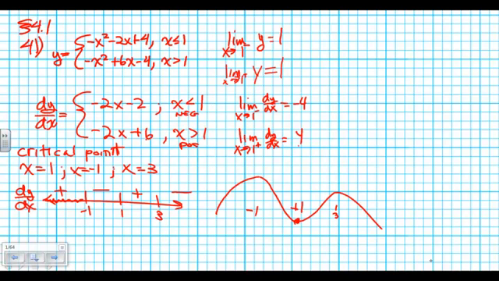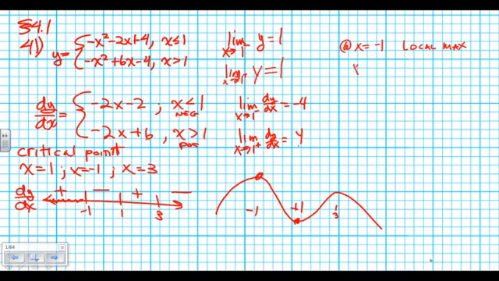All right, so what do we know? What do we think is going on there? Oh, I remember that from last year. What do we think is going on here? We had an increasing function and a decreasing function. I say at x equal negative 1, we have a local max.